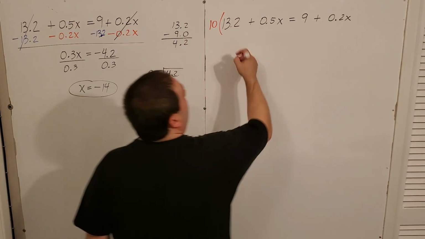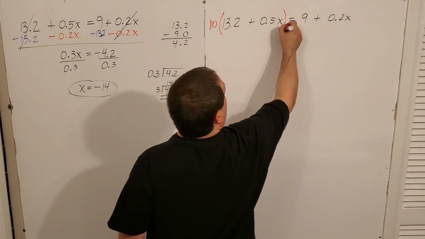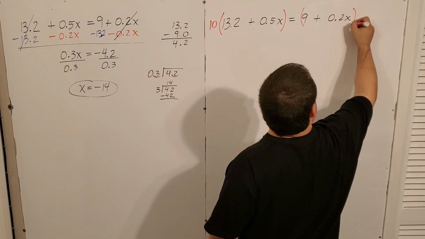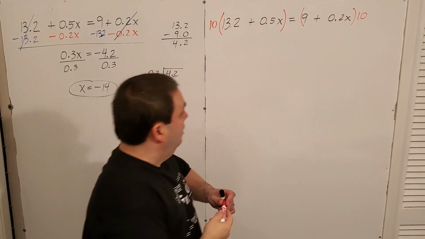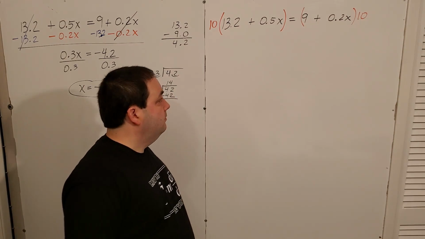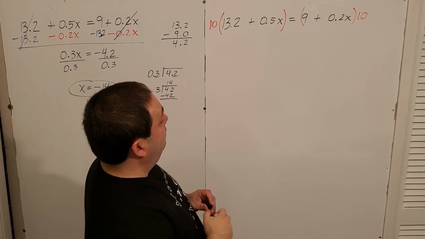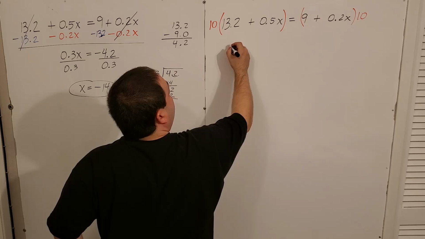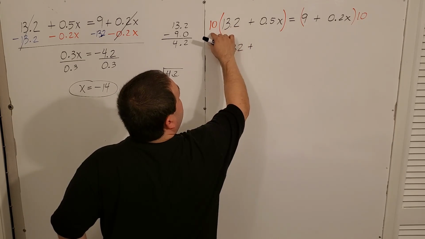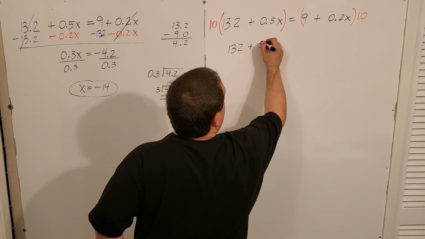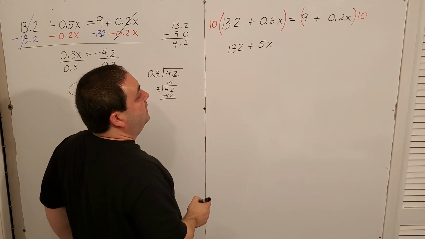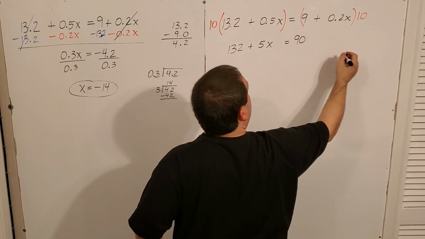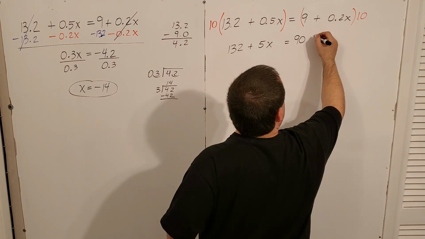So here's what I'll do. I'll multiply the 10 times the whole side, which of course if I'm doing it to one side, I have to do it equally to both. You can do it just because you want to, as long as I do it equally to both sides. So I'm doing times 10 here. That'll give me 132. And 10 times 0.5 will give me 5x in this case. Then 10 times 9 is 90. And 10 times 0.2 is 2.